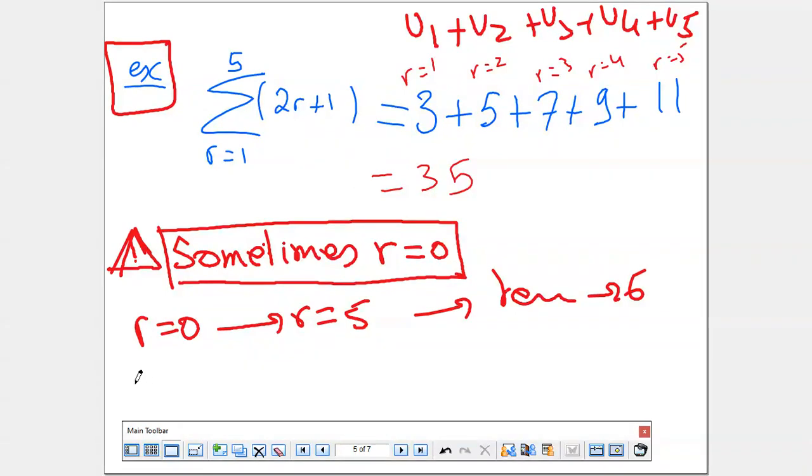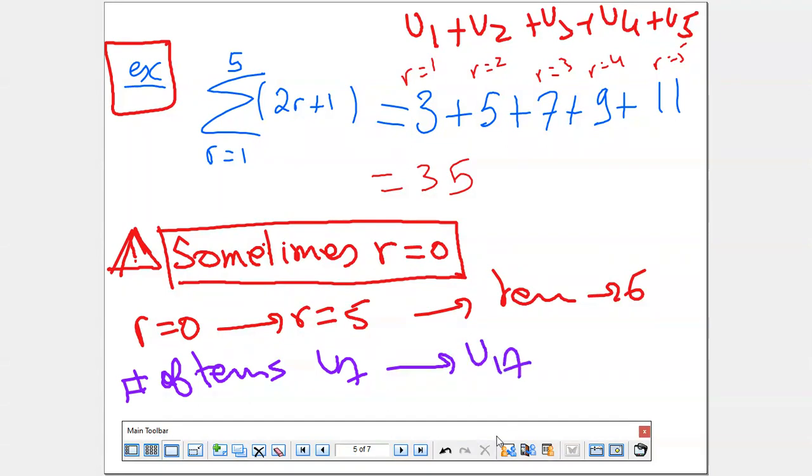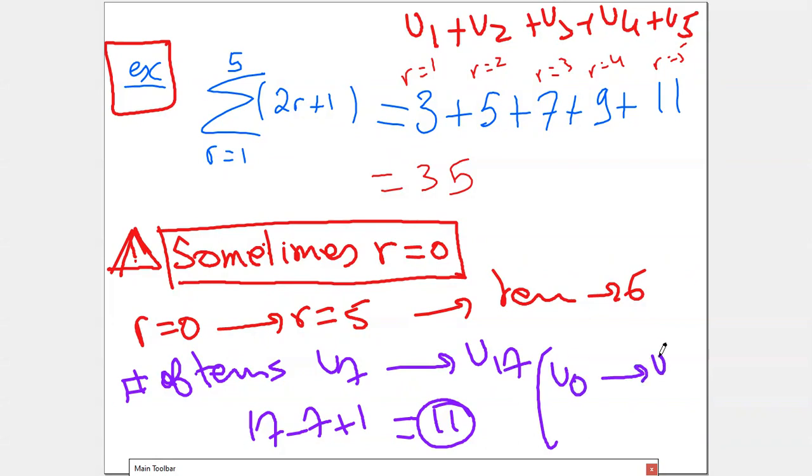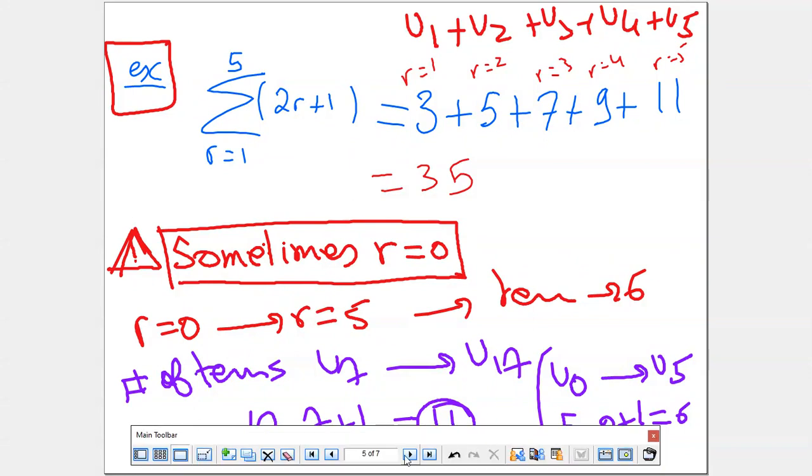It means if I want to find the number of terms, for example, between U7 and, let's say, U17, I do 17 minus 7 plus 1. So it's 10, plus 1, it's 11. So I have 11 terms between U7 and U17. That's why if I start with U0, for example, till U5, I don't have 5 terms. I have 6 terms because the number of terms is 5 minus 0 plus 1. So I have 6 terms between U0 and U5.